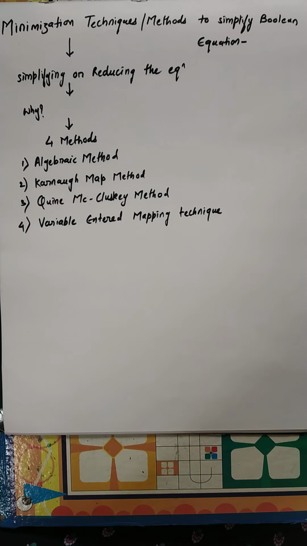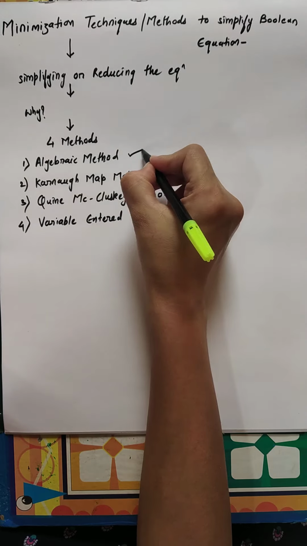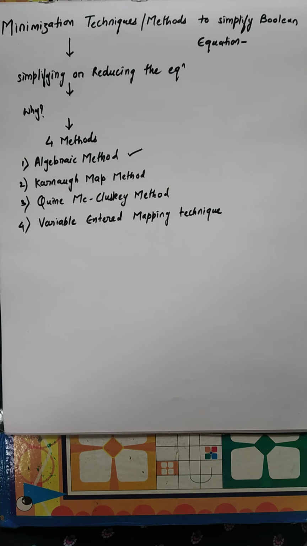But there are some disadvantages of the algebraic method. Whatever equation we have simplified, we are not sure whether that simplified equation can be further simplified or not. That is the drawback of the algebraic method.